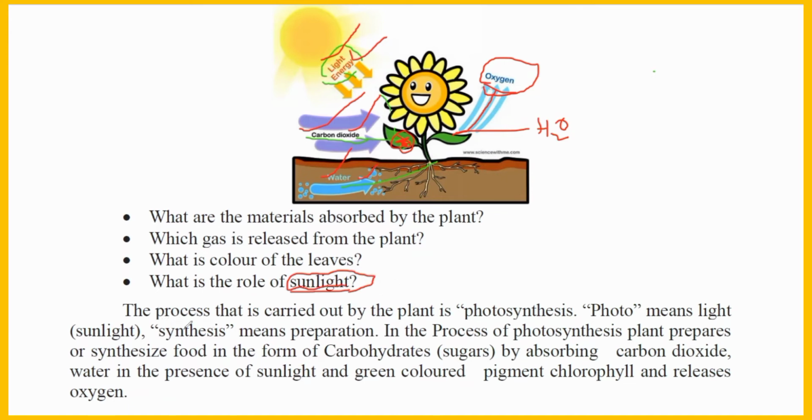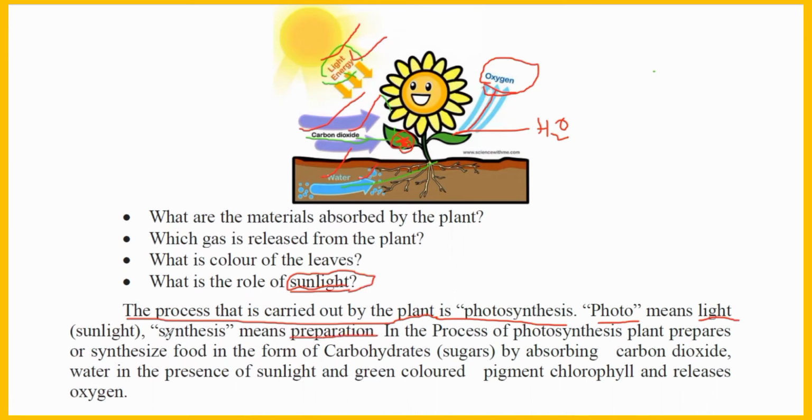So the process that is carried out by the plant is photosynthesis. Photo means light. Synthesis means preparation.